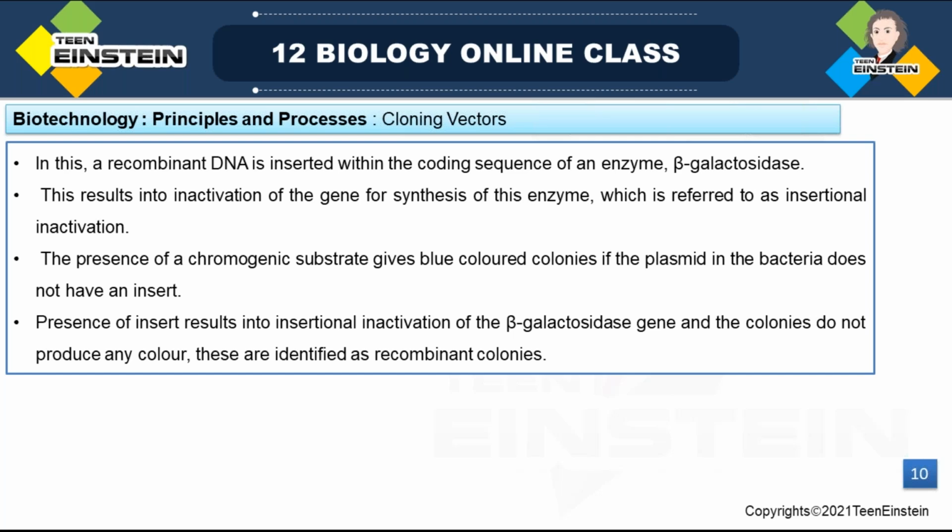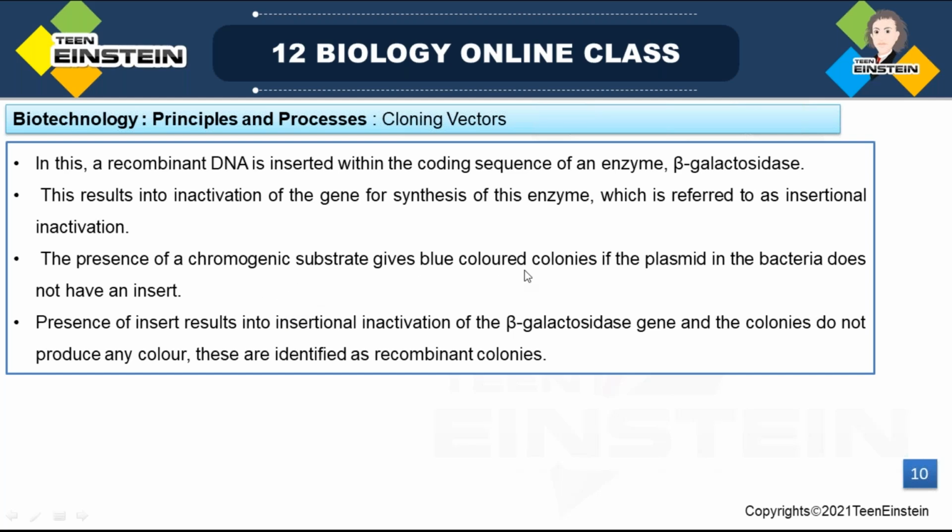Because if nothing is getting inserted, it is not losing the power. That enzyme is getting synthesized, right? The enzyme synthesis is happening, everything will be as usual. But when an insert or foreign DNA is getting inserted, it is losing the power to synthesize that enzyme. Then when it reacts with the chromogenic substrate, it won't be able to produce any color.